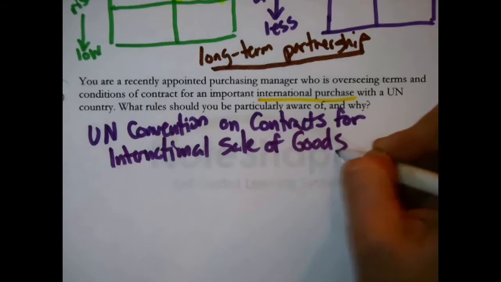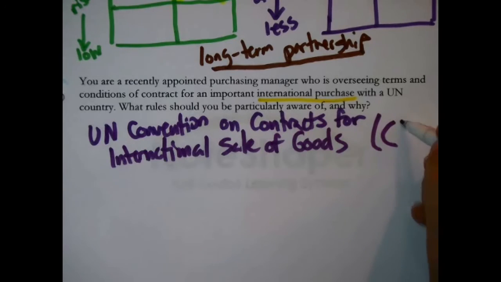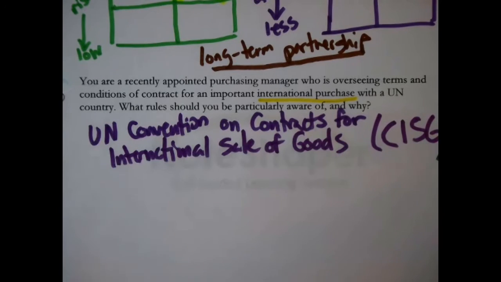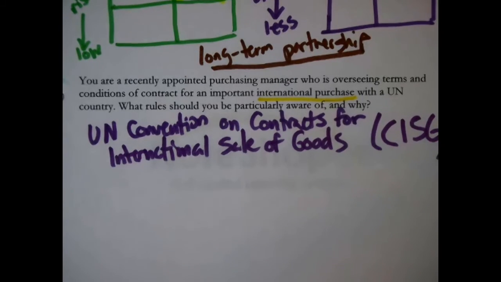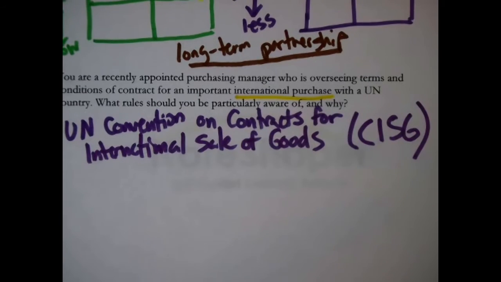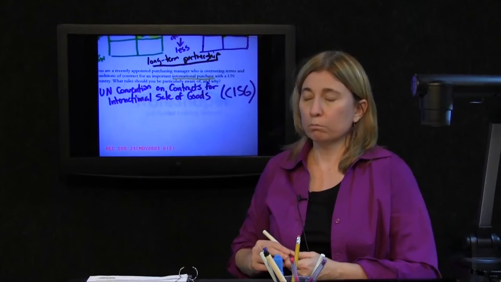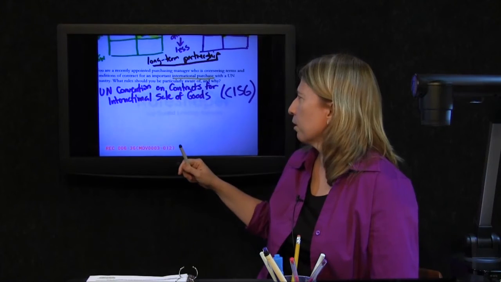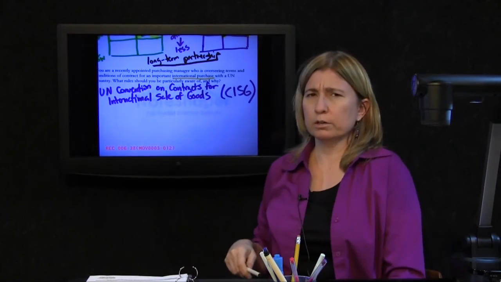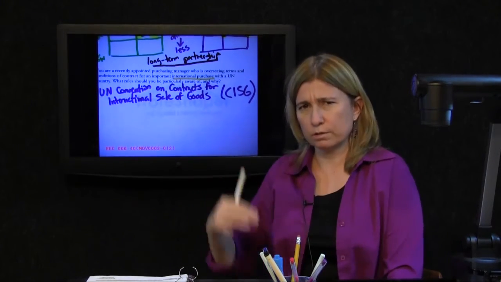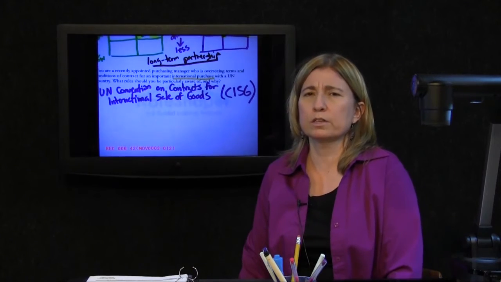That's its long name. Sometimes abbreviated. See what I wrote there? CISG. Okay, you say, all right, fine. I should be particularly aware of, that's a big document. It's a set of rules governing international transactions.